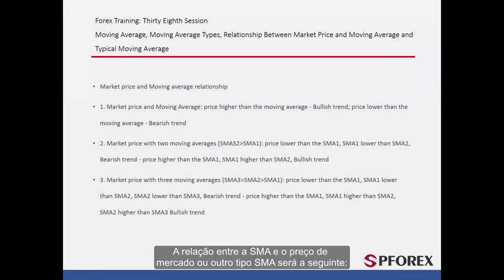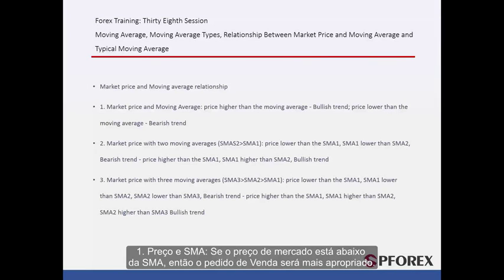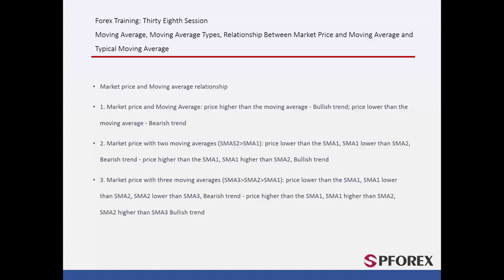The relation between SMA and a market price or another SMA type will be as follows. 1. Price and SMA. If a market price is under SMA, then a sell order would be more appropriate. If a market price is above SMA, then the price trend would be an upward one. 2.